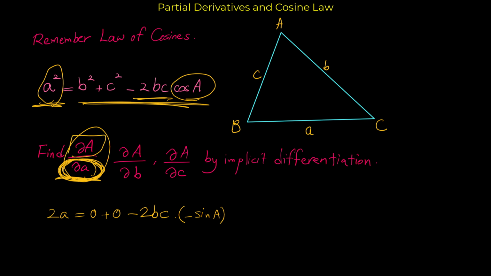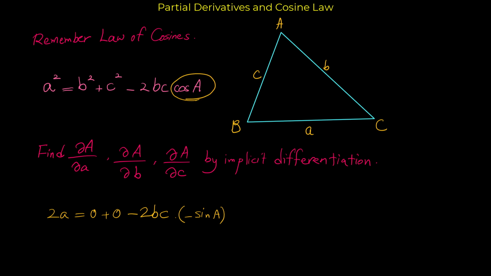Attention, here A is a function, so we have to take the derivative of this term. We are taking the derivative of two things, variable a and the function. But when we take the derivative of the function, we always have to multiply it by the partial derivative of the function with respect to the variable. So the derivative of cosine A is not going to be only negative sine A. Because of the chain rule, it's going to be negative sine A times the partial derivative of A with respect to a.